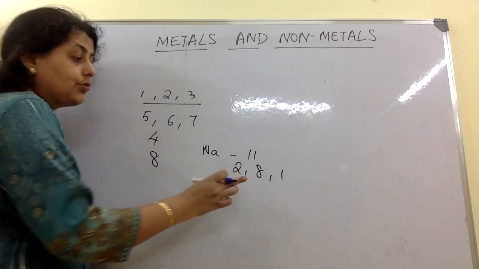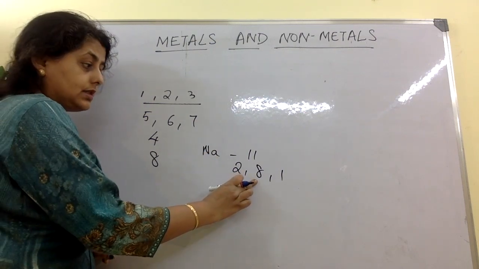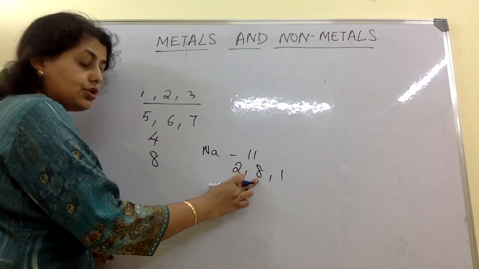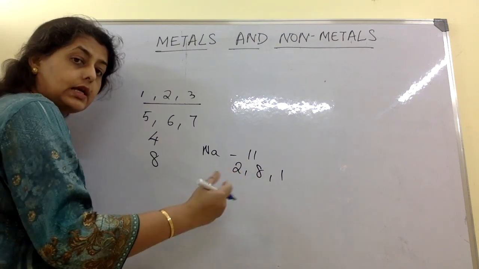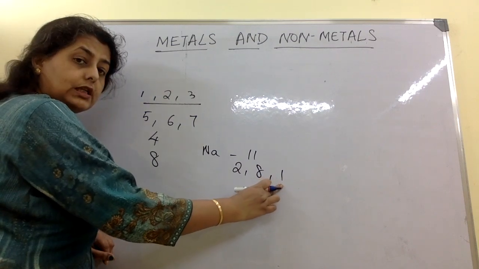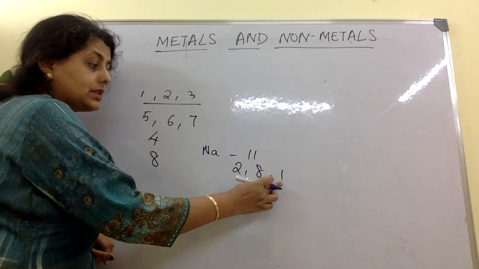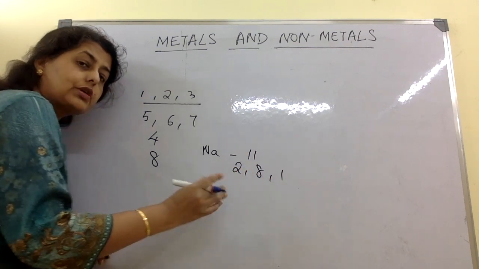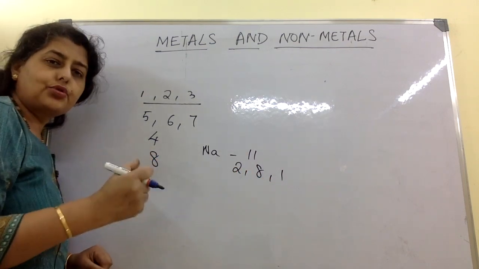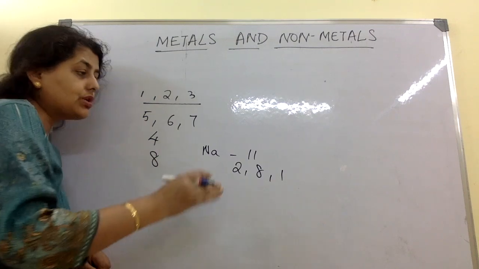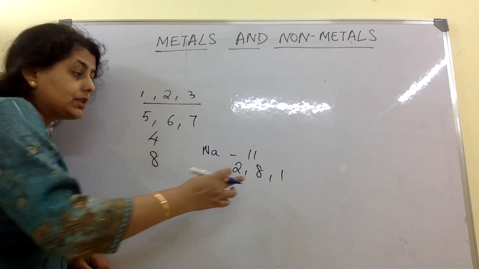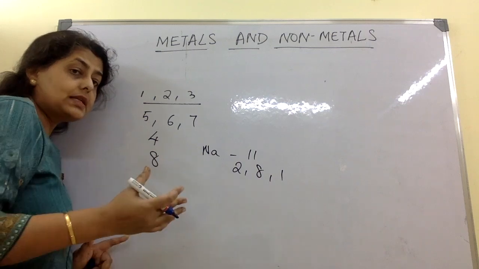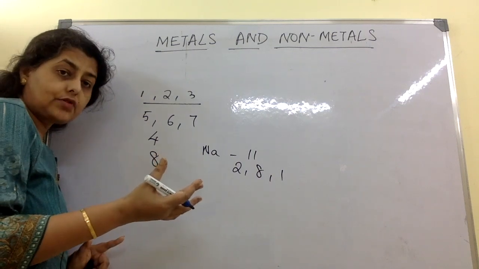Sodium, in order to come to its octet structure, as taught in 9th standard, wants the outermost orbit to have 8, so it wants to leave this electron. This electron is a free electron, not very tightly bound to the nucleus, so it moves about freely. This is what makes metals a good conductor of electricity.